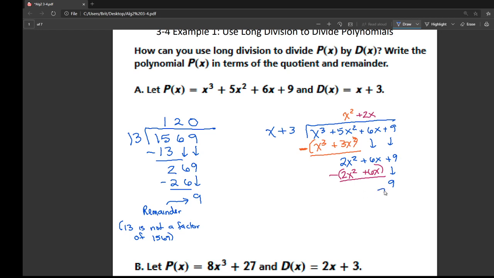So this remainder is now what we would need to put up here. So in third grade, we would put plus a remainder of 9 over 13. Here in Algebra 2, we would put the same kind of remainder, so plus 9 over x plus 3.